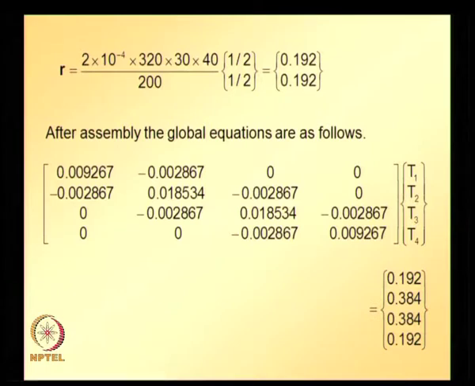So with that understanding, after assembling, the global equations look like this, and now we impose the essential boundary condition, that is T1 is equal to 330 degrees centigrade and T4 is equal to 30 degrees centigrade, which are given.